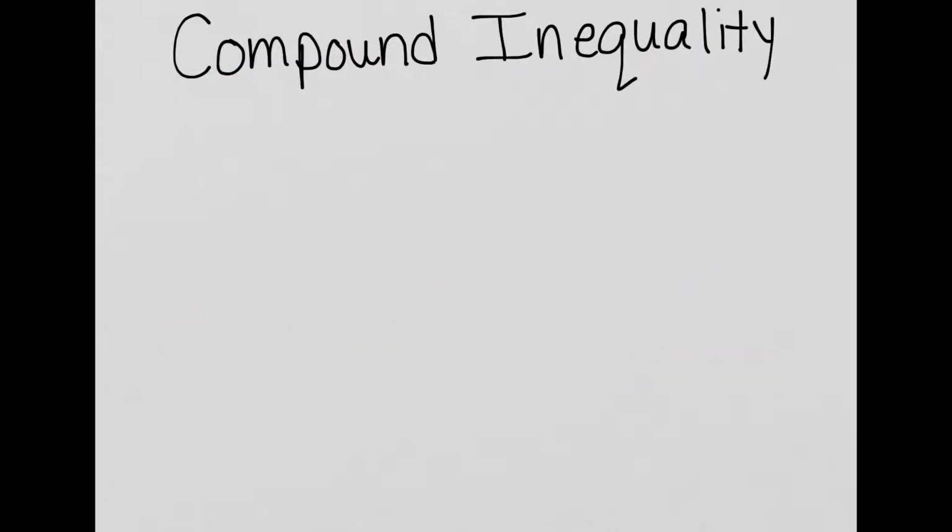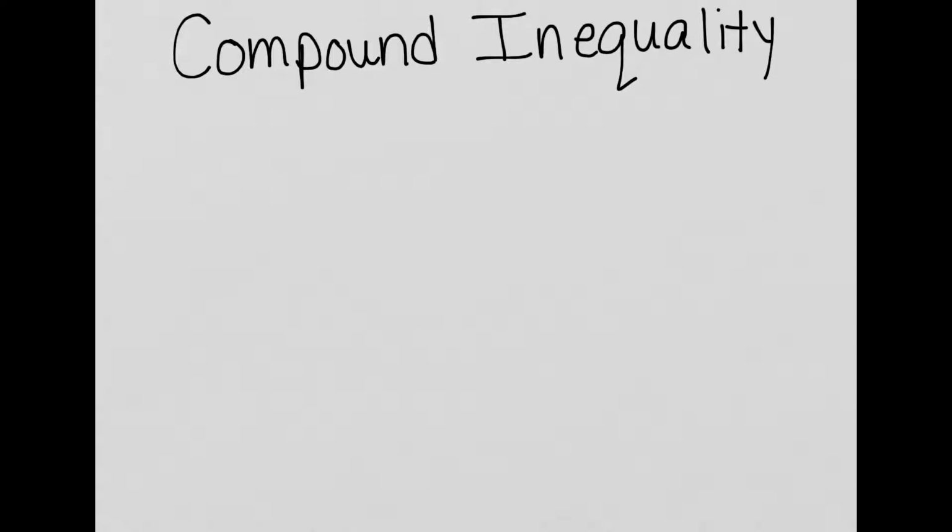Okay, we're going to talk about compound inequalities now for a second. A compound inequality is when you have two inequalities, and we're looking down at number 9. In class I talked about my dog and his weight, and what the weight of a dog might be that is healthy.